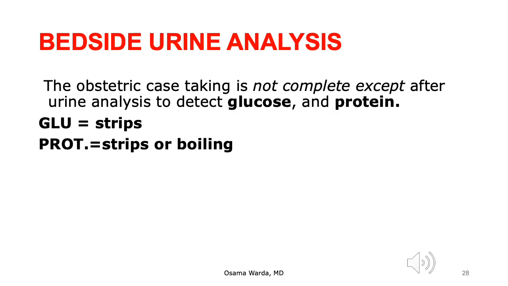We come to the bedside urine analysis after completion of examination, as discussed. We should ask the patient to give a urine sample, a midstream sample, and test with strips for glucose and proteinuria, albumin, to identify if there is proteinuria or glucosuria.